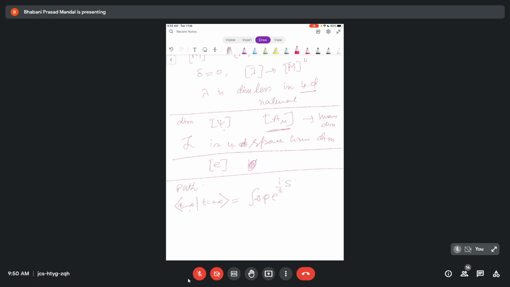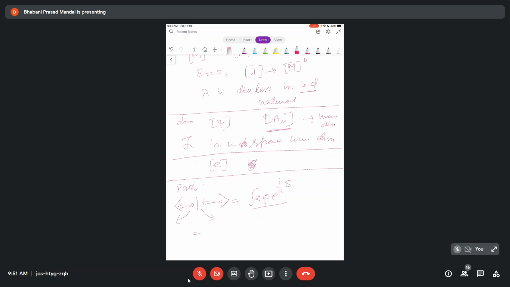Long ago the system was in equilibrium, and we are assuming after a long time the system will be in equilibrium, and that vacuum to vacuum transition expectation value is the path integral. That is our formula. So instead of x, now we have the variable phi, and this is the action.